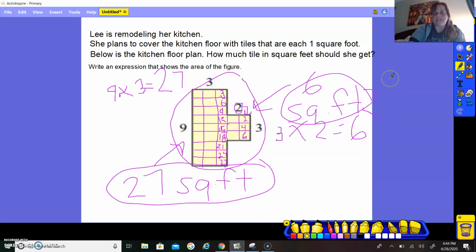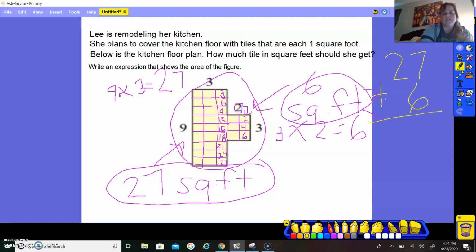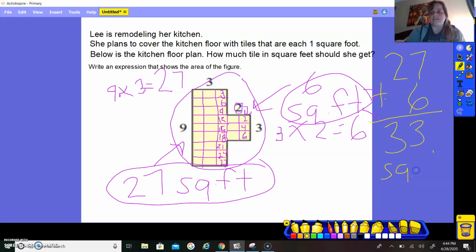Okay, so I'm going to take 27 plus 6. Now, if I'm not sure what 27 plus 6 is, well, when you really think about it, you can just count on, right? 27, 28, 29, 30, 31, 32, 33. So 33 square feet.